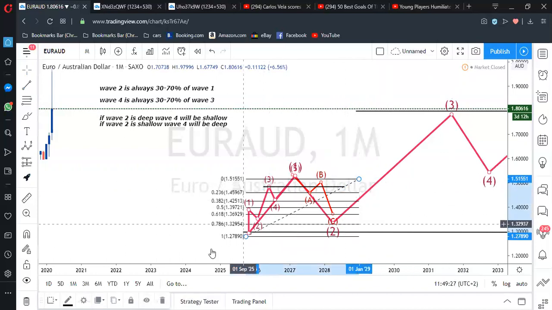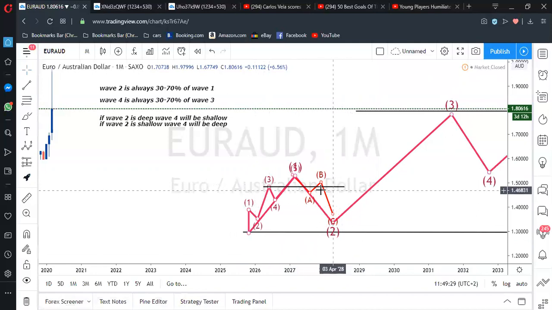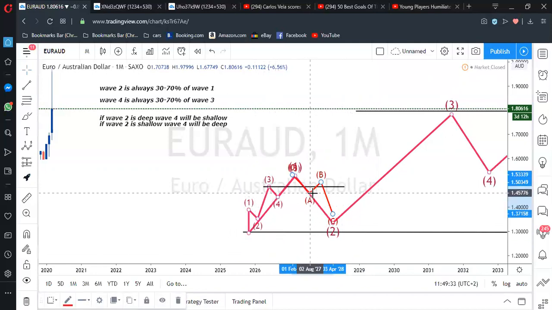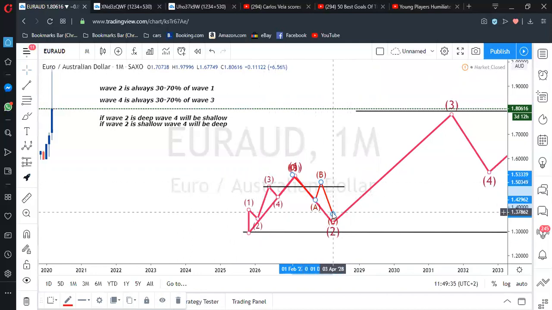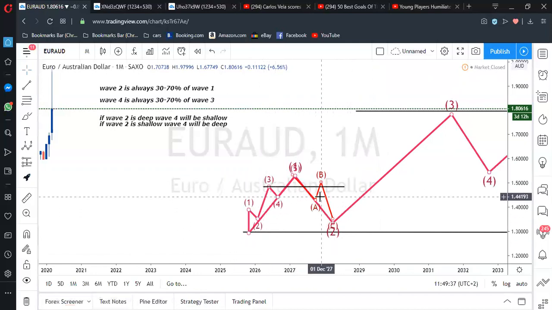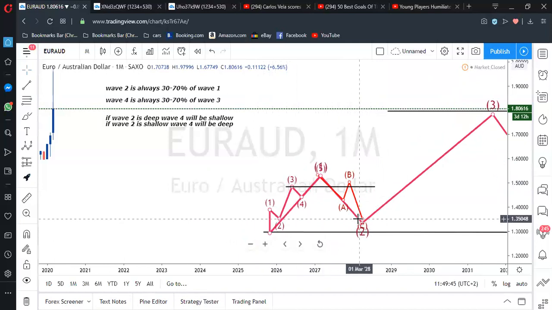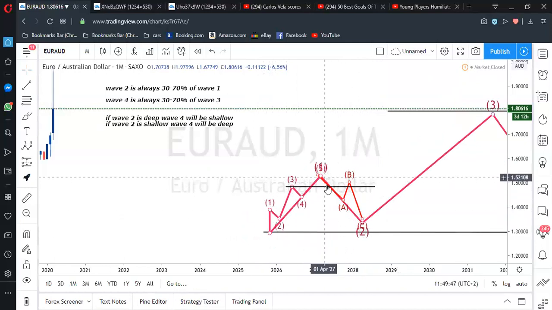This is what they call Quasimodo, whereby it will create a shoulder here, and then a deeper A here, and then a B, and then a C all the way. It's just simple: a high, a low, a higher high, a lower low, and then the entry point is here. You go down here. So this is basically what it is.